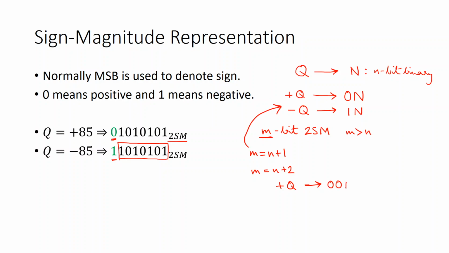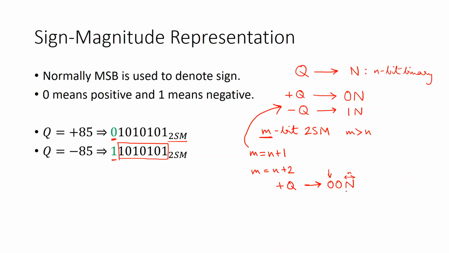The number would be 0 0 N. 0 is the sign, and this capital N consumes the n number of bits. N plus 1, n plus 2, total bits are n plus 2 here. The MSB is 0 because I am representing the plus sign with this. The remaining gives me the magnitude.